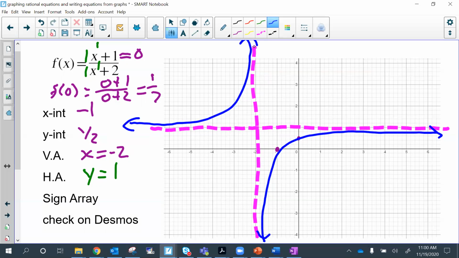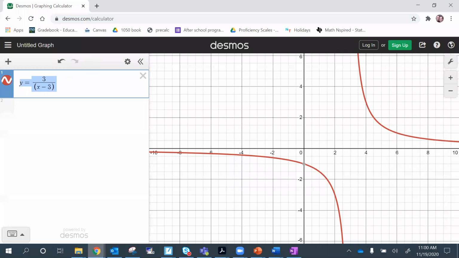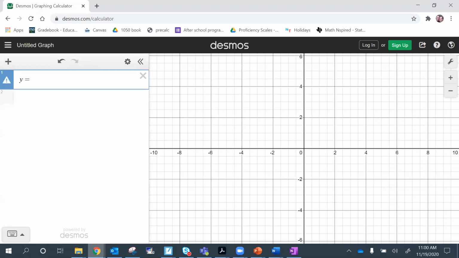Now, as I'm doing this, my graphs look a little sloppy because I'm writing on a computer, and the points aren't always exactly where they need to be, but a graph like this is worth full points because I've got key components in the right space. And let's check the shape on Desmos. So that was x plus 1 over x plus 2.